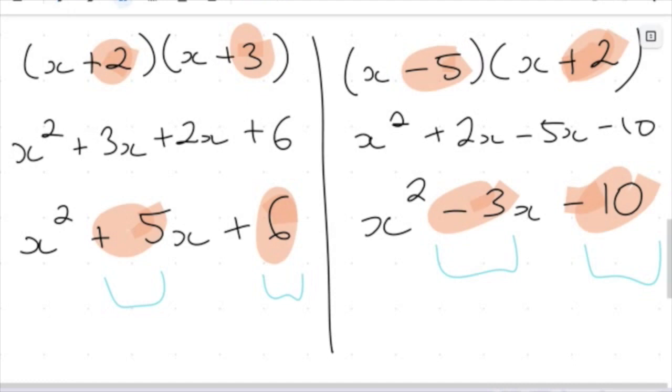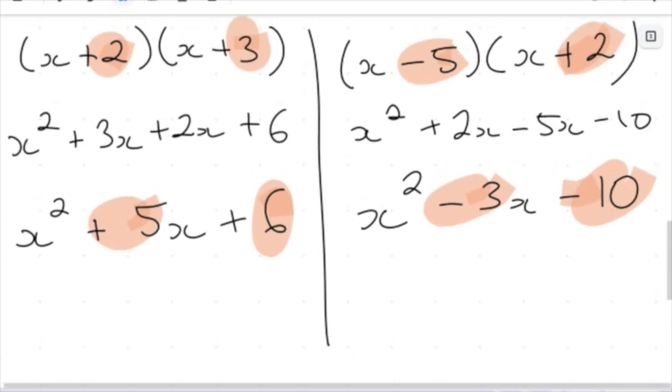Now, if you don't see it, that's okay. Sometimes it takes a few more attempts, but to save time, I'm going to spell it out here. So if you notice, taking this 5, for example, do you notice I can make 5 by adding 2 and 3?